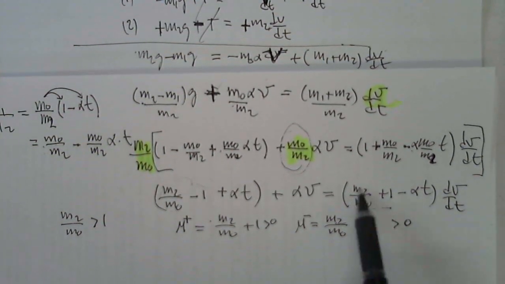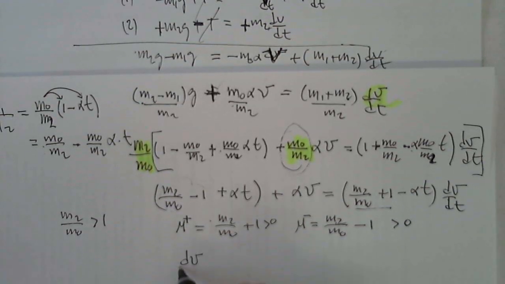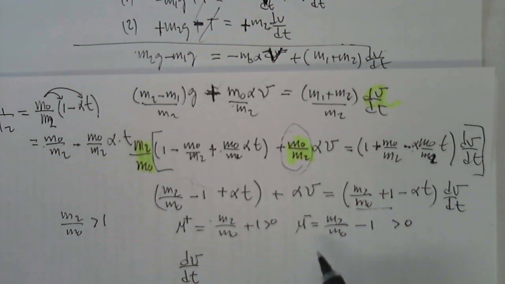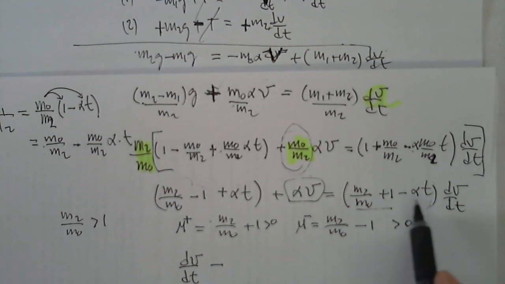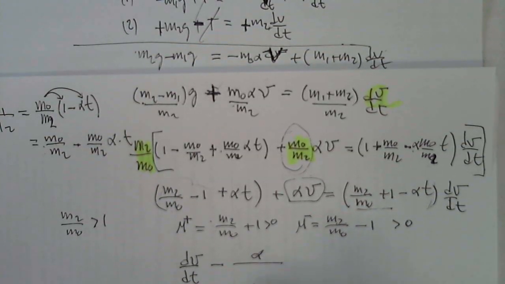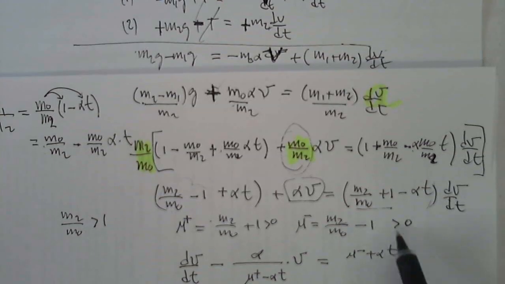And now I'm going to divide by this parenthesis. So the dV/dt stays on one side. Then I have to put minus this term going to the other side divided by this parenthesis, times v, equals this function that is mu minus plus alpha t divided by this one that is mu plus minus alpha t.